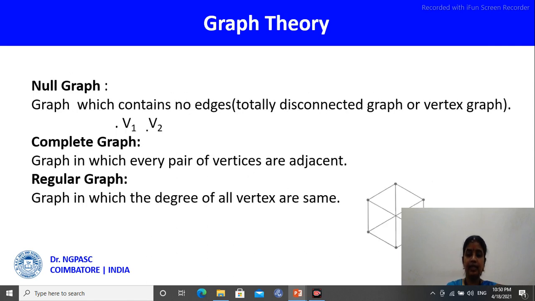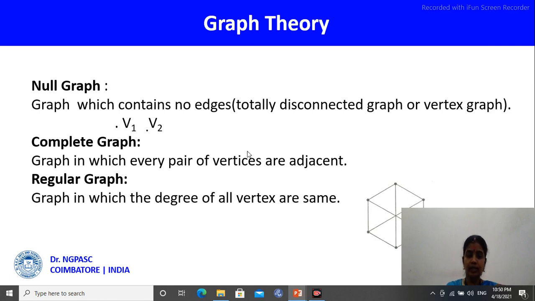Next, null graph. A graph which contains no edges is called a null graph. In this example, V1 is one vertex, V2 is another vertex. Here there is no edge, so this graph is called a null graph. Complete graph: a graph in which every pair of vertices is adjacent is called a complete graph.